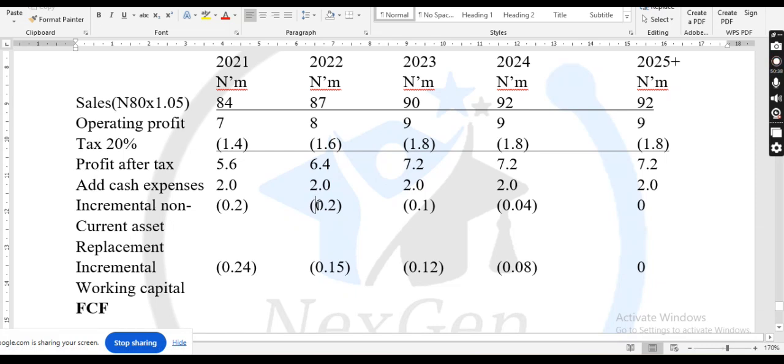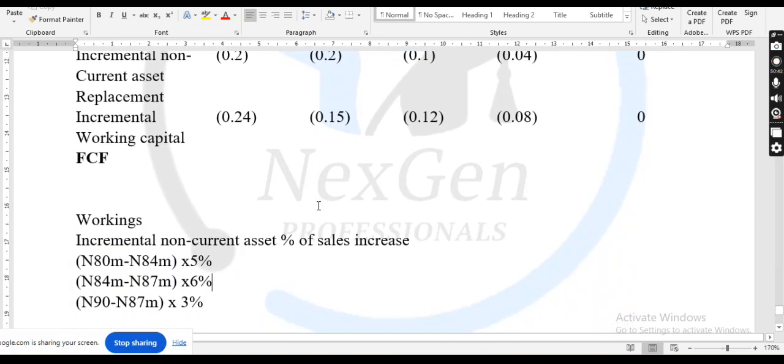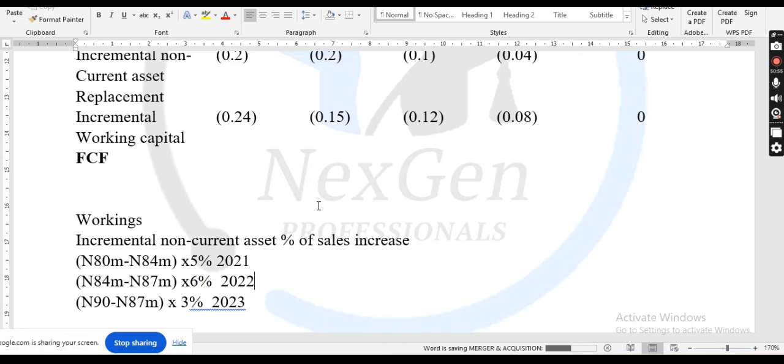Okay, let's check for year 3. 90 minus 87 for year 3. This is for year 3, 2023. This is 2022. This is 2021. Please, someone should confirm. 0.09.